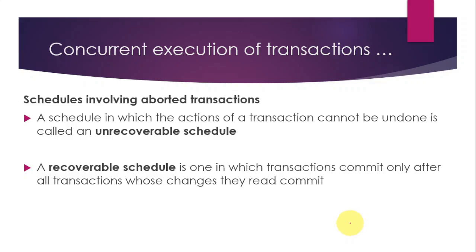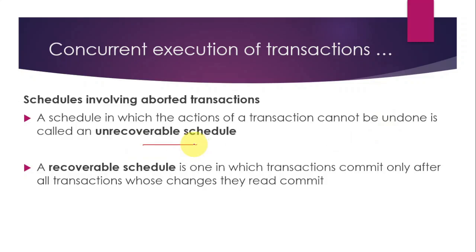If you see here, we are seeing 2 more types of schedules. One is unrecoverable schedule and the second one is recoverable schedule. So what is called an unrecoverable schedule? A schedule in which actions of transactions cannot be undone. Such a schedule is called an unrecoverable schedule.